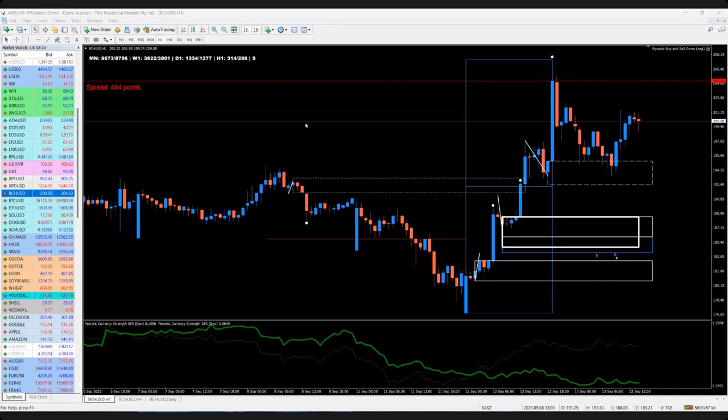But because they're not filling, they're still there pending, and I don't want price to come to it and not get filled because of a bad spread, and then price to come back to it at a later time, because if price comes to it and we don't get filled because of a bad spread, price has been to it. Okay, so the zone has been tested. And so I've just gotten into the habit of removing these or setting an expiration time on these.